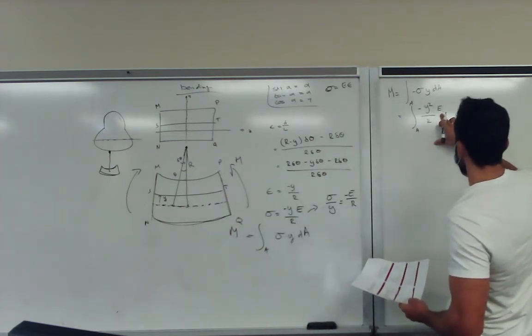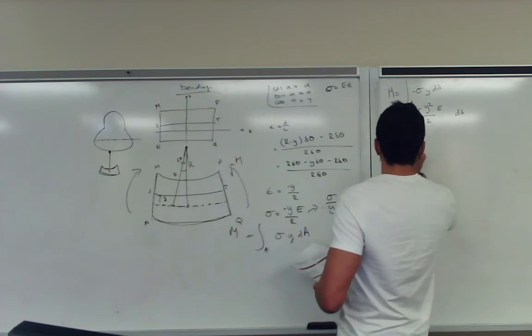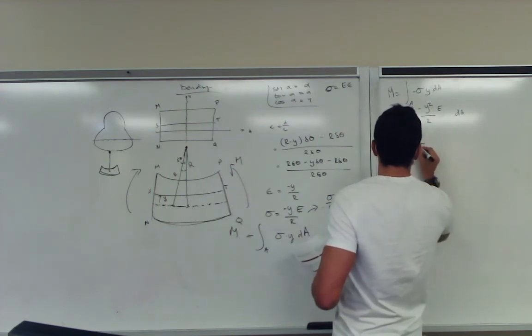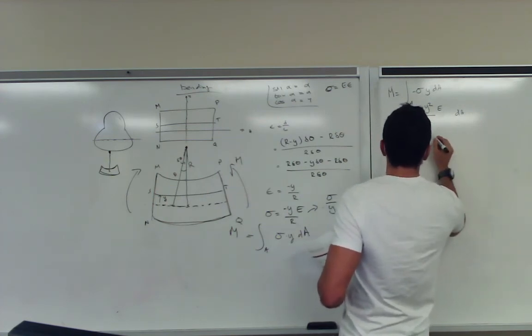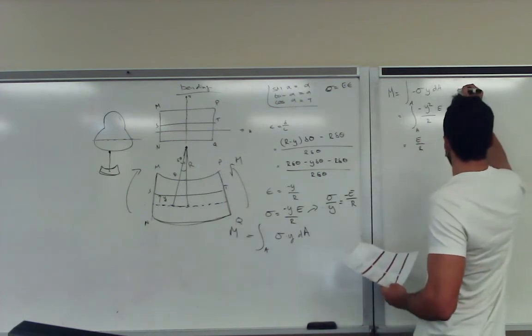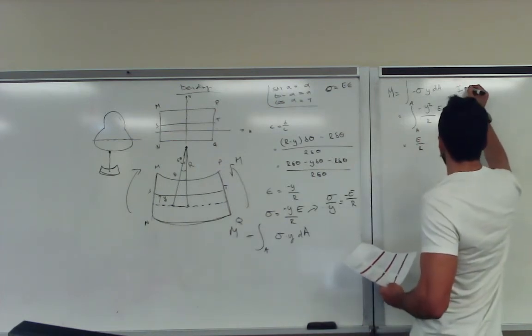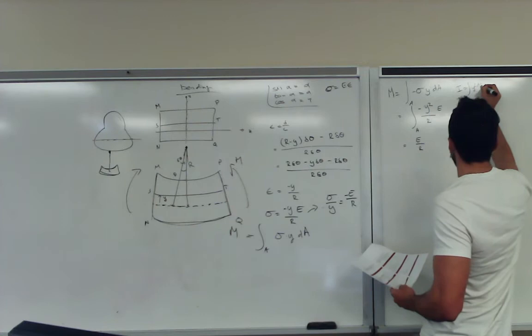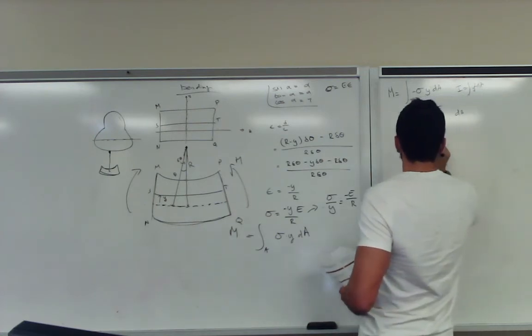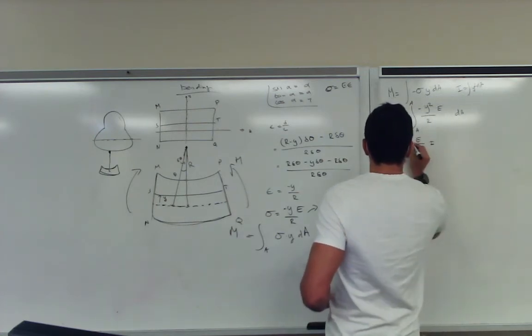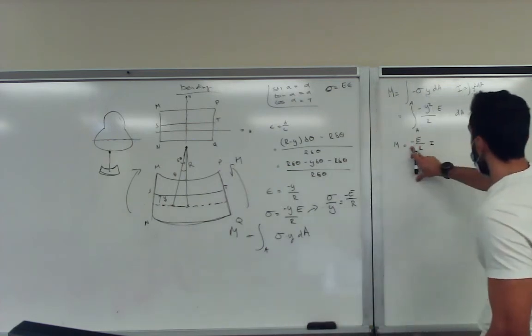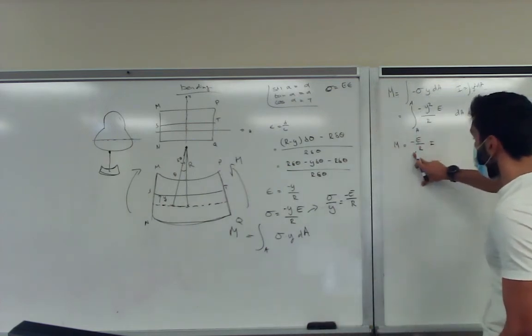The radius and E are not a function of the area, so that is E over R, and the moment of inertia has given us the y squared dA. So this is where I comes in, and the negative sign remains.